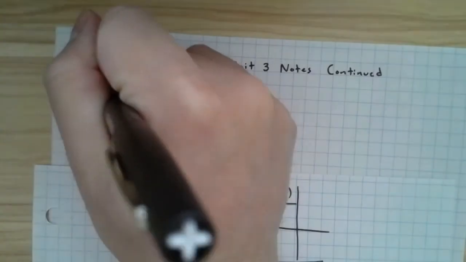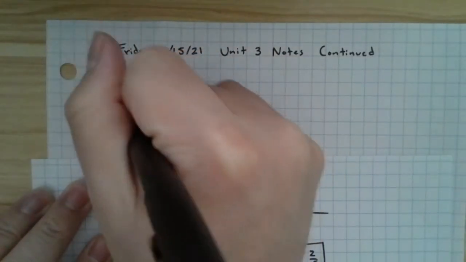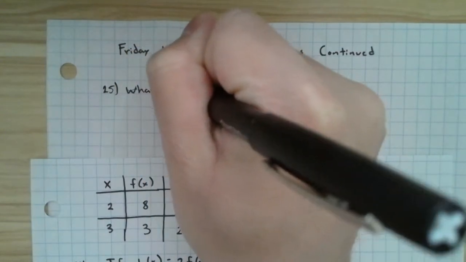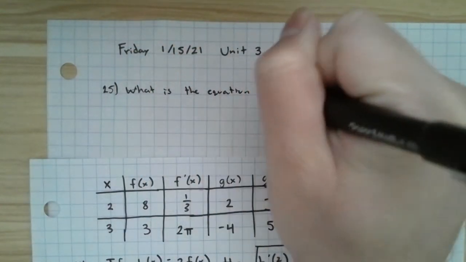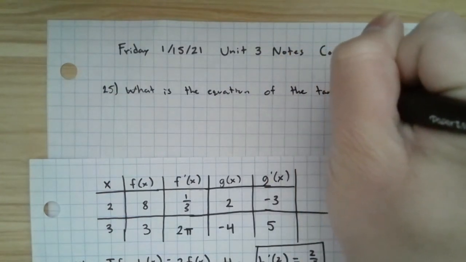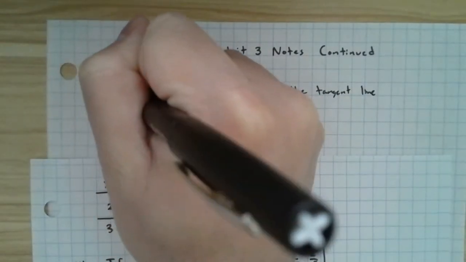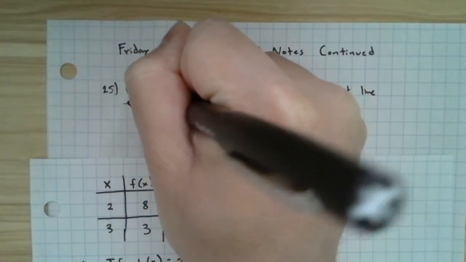Okay, question 25 says, what is the equation of the tangent line to 2f at x is equal to 3.